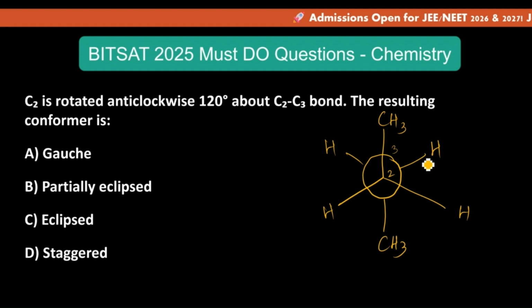When we rotate anti-clockwise from this conformation, what will you get? What is the conformer you will get? First of all, this is the anti position, the most stable position of butane, correct? So upon rotating it by 120 degrees, what will happen?